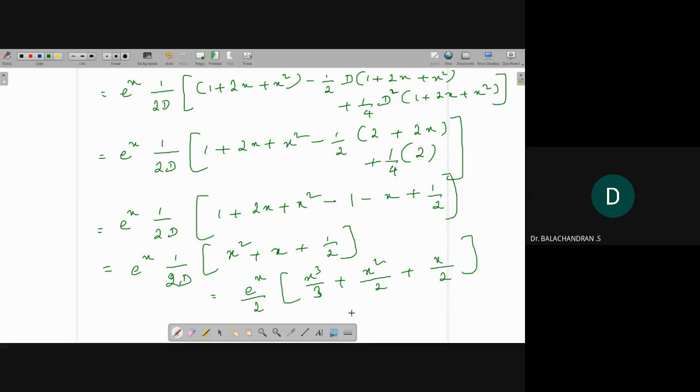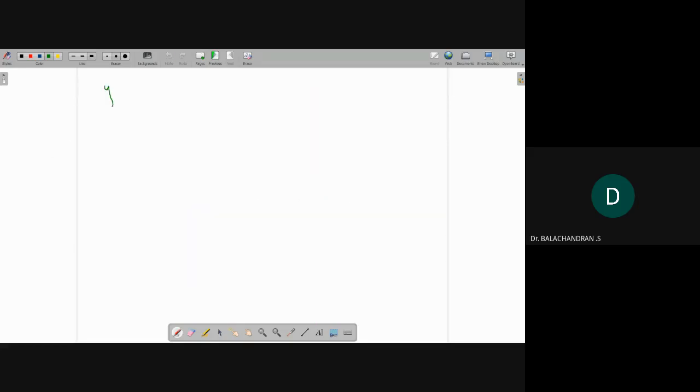If you take x commonly, you'll get x into e power x into (x square by 3 plus x by 2 plus 1 by 2). This is actually PI. So on the next page I will write y is equal to the final answer. The general solution is y is equal to CF plus PI.